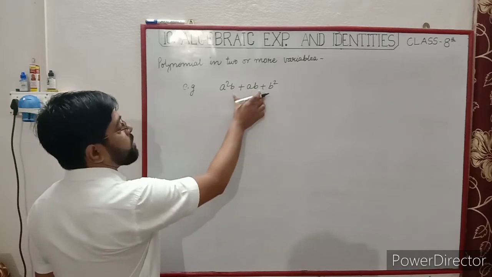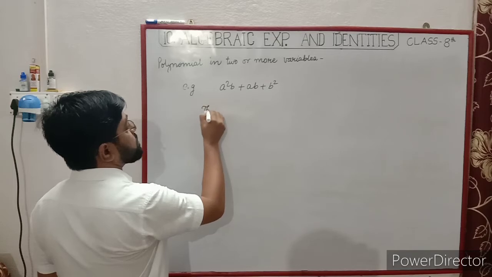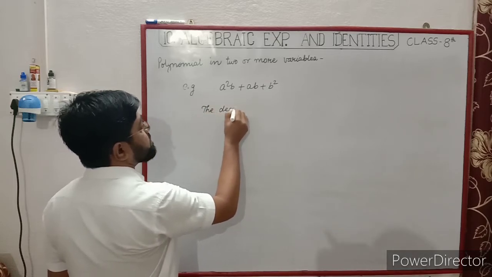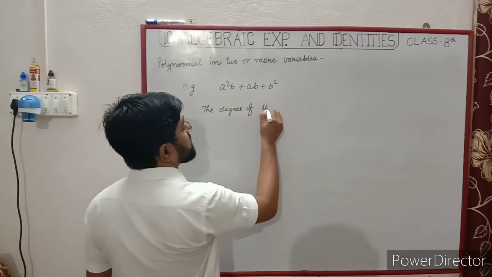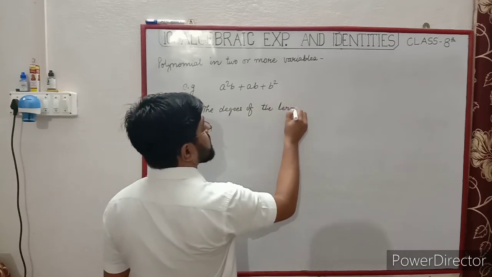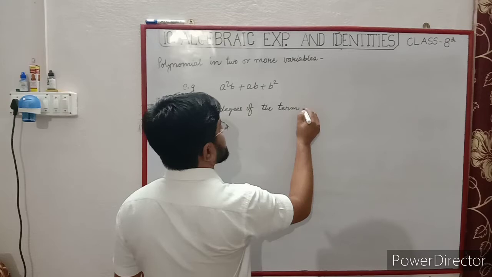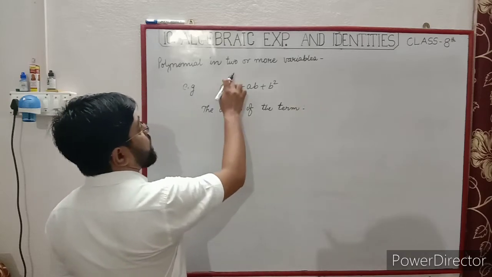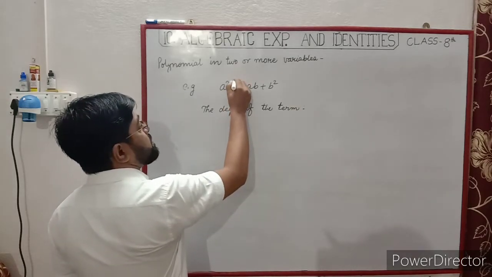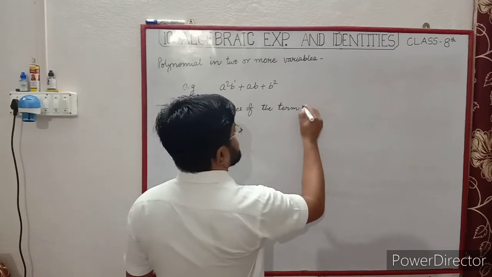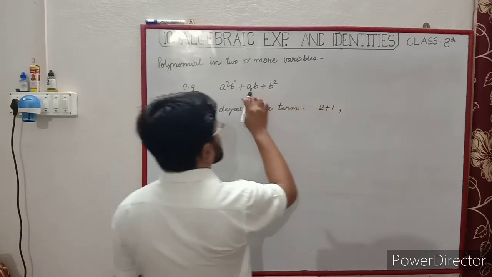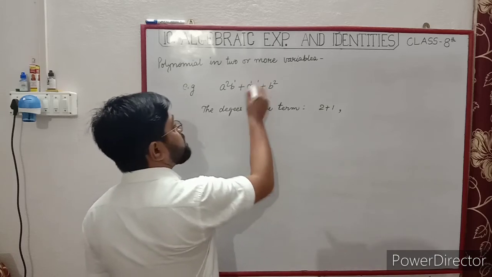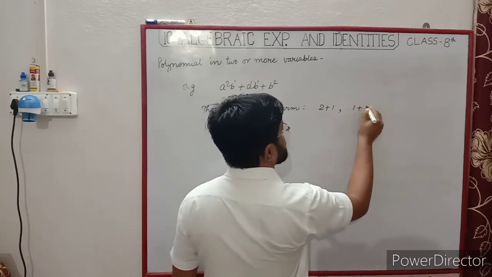Now the degree of the polynomial. The degree of the terms: in the first term, see here, a square and b to the power 1, so 2 plus 1. In the second term, a to the power 1, b to the power 1, so 1 plus 1.